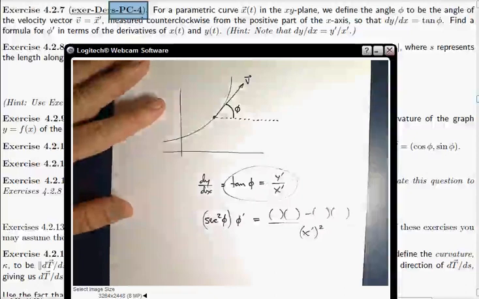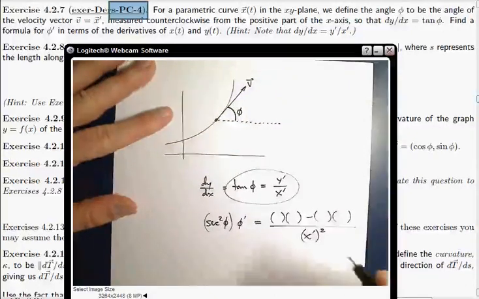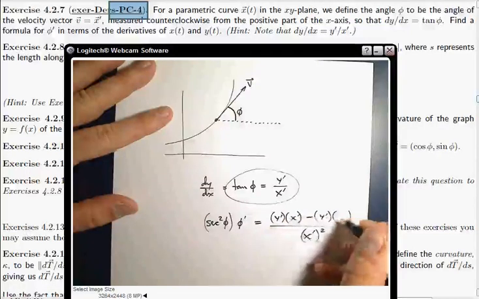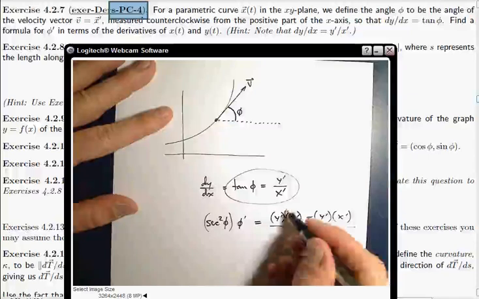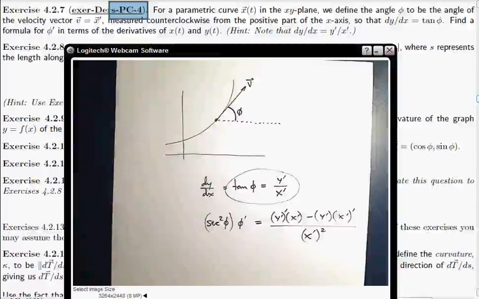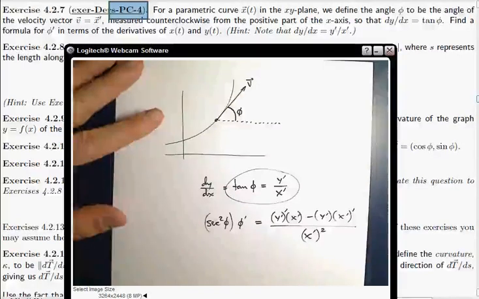Let's get the glare off of there. I believe that the first prime goes there and the second prime goes there. Is that right? I easily could have gotten that backwards. I have a little mental block about that. I never can remember it. Okay, let's go with that. I think it's probably right.